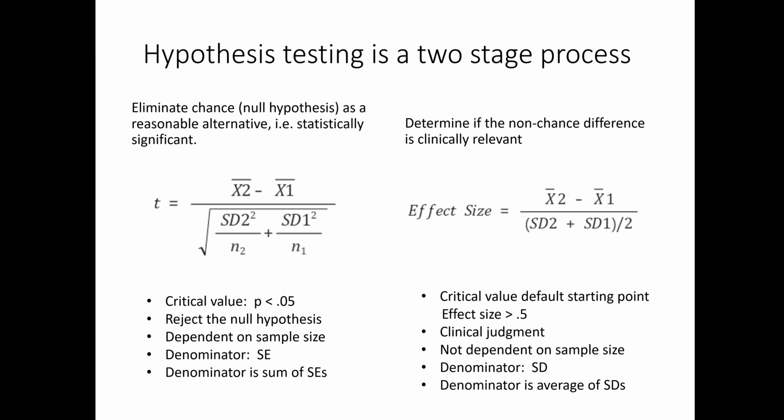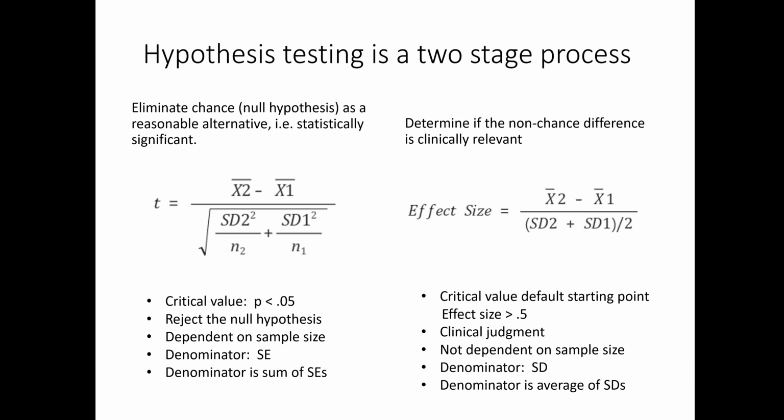So p is less than 0.05, effect size is greater than 0.5. In the t-test, we reject the null hypothesis, or we don't reject it. And we can't accept it. We're not proving it. We can either reject it. And if we do reject it, then we determine what's the effect size for our clinical judgment.